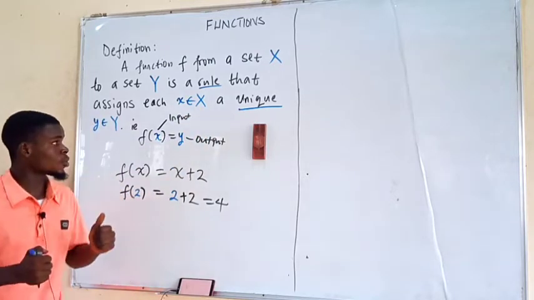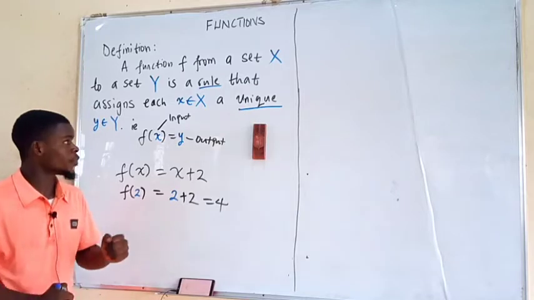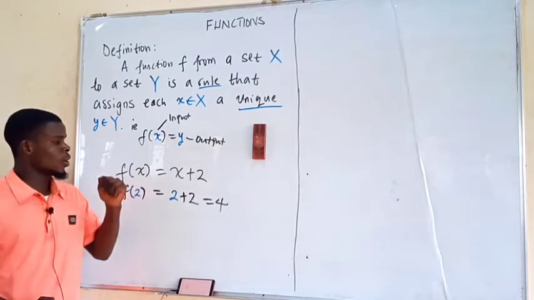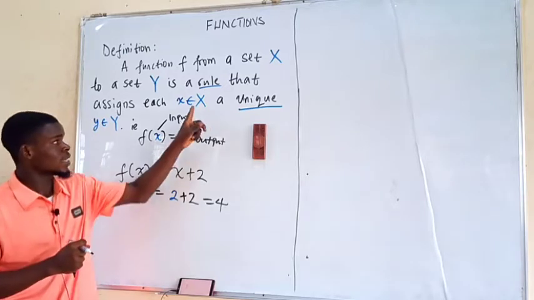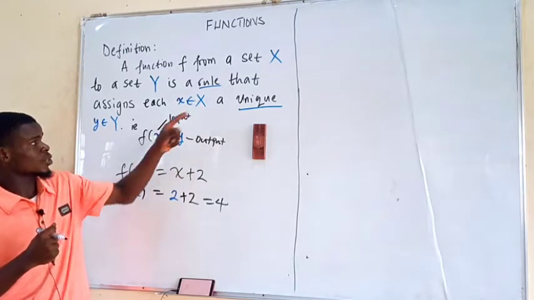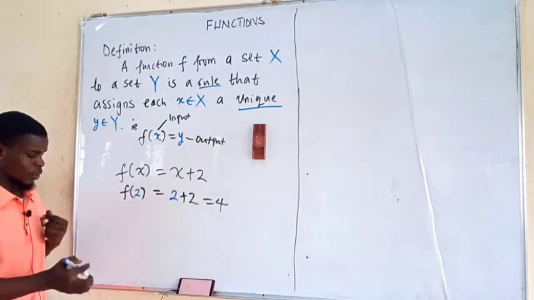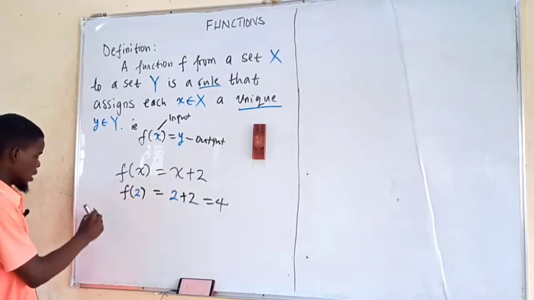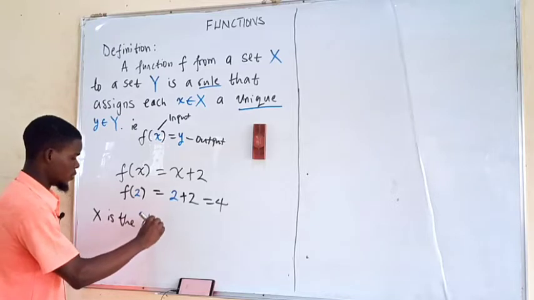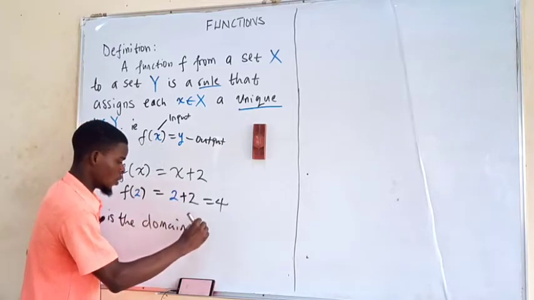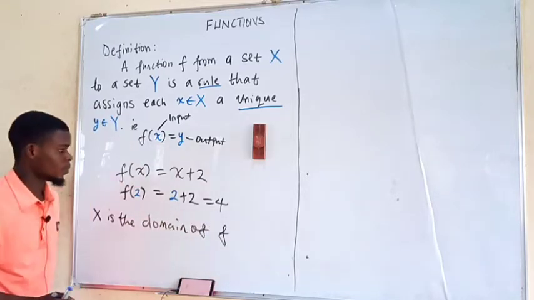The domain here stores inputted values, things that you plug in. You pack all of them and store them in a particular set, in a particular place. So that set is called the domain. All right. So let me say x is the domain of f. Great.